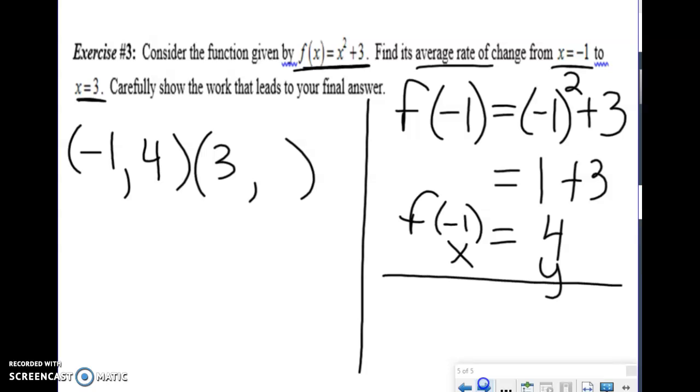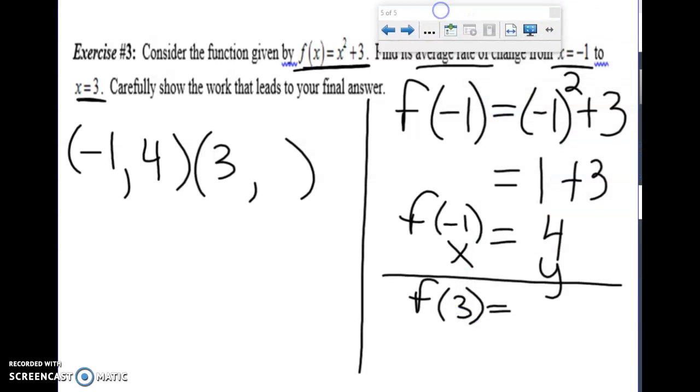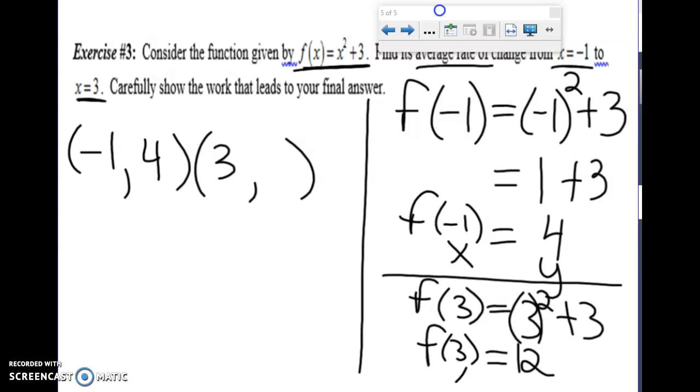Do that one more time, this time when f is 3. They told us the x values, they gave us the function, it was up to us to figure out what the y value was. Now we don't have to use parentheses when it's positive, though it's not a bad habit to stay in. We've got 3 times 3 for 9, 9 plus 3 would make 12. So this would be f of 3, with this being x and this being y.